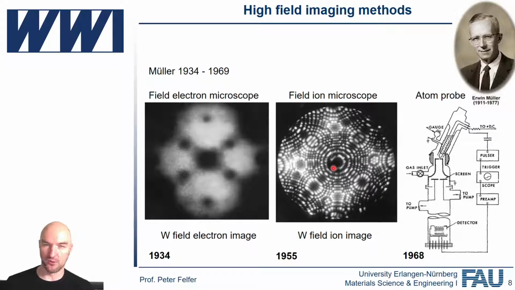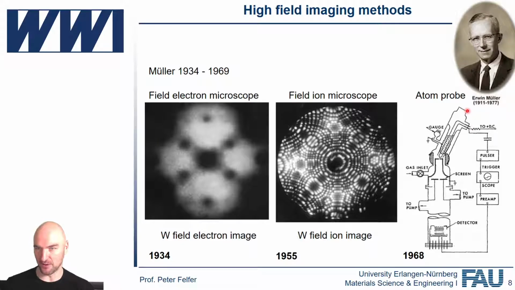At that point, they already observed, okay, if I increase the voltage, it's not just the ions from the imaging gas that are coming off, but I can see individual atoms coming off of the sample. And so how can I analyze them? And so in the mid to late 60s, they developed a thing called the atom probe. And it's called atom probe even though we're not probing anything.